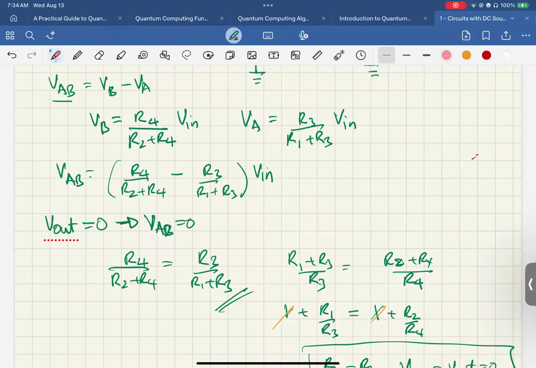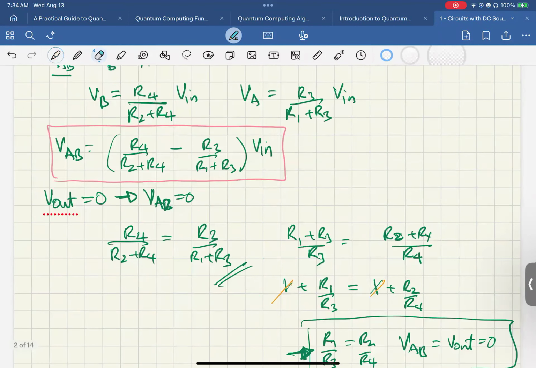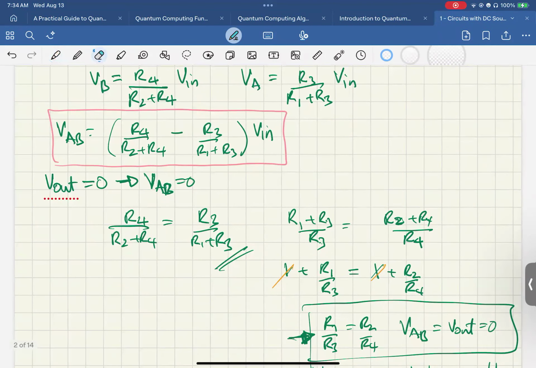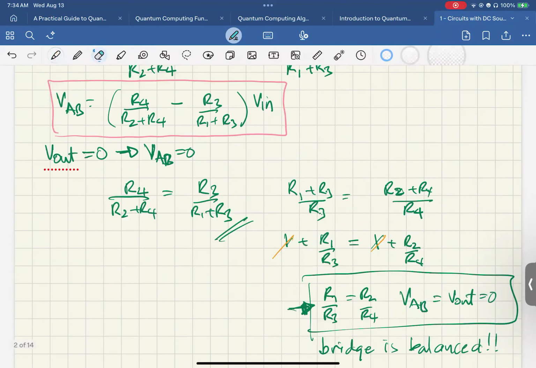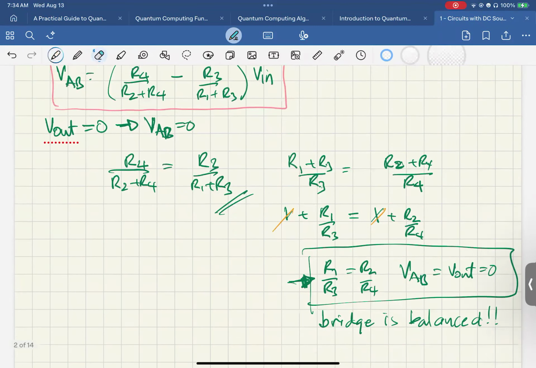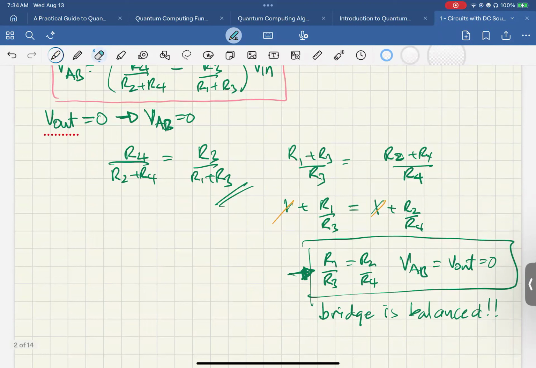Okay, so ito yung circuit or sorry, equation that describes the output dun sa Wheatstone, output ng Wheatstone bridge. So, discuss din natin last time that when the voltage output is zero, then we say that the bridge is balanced.